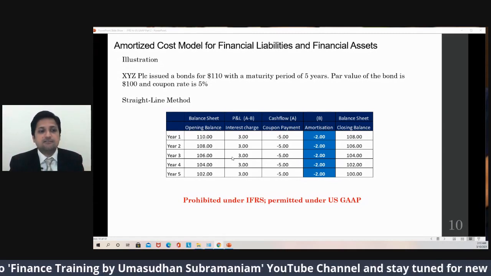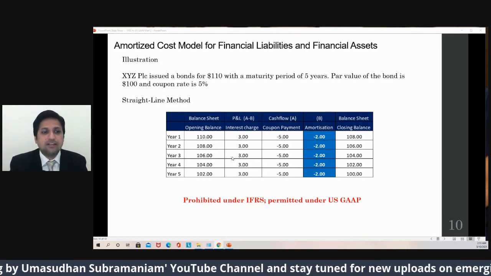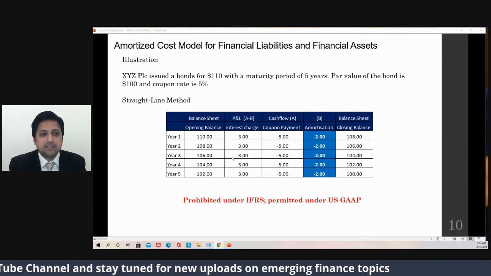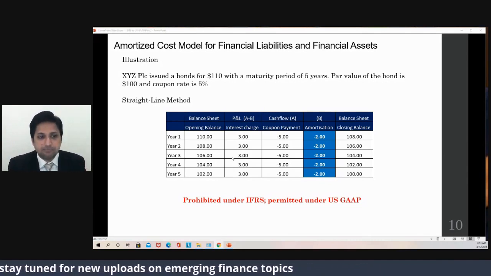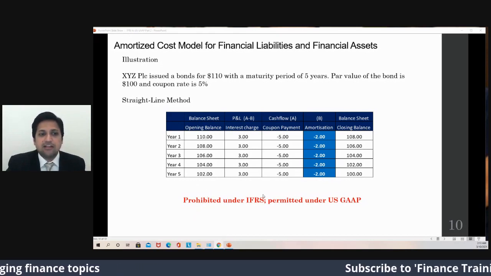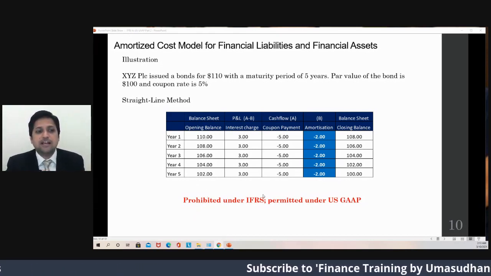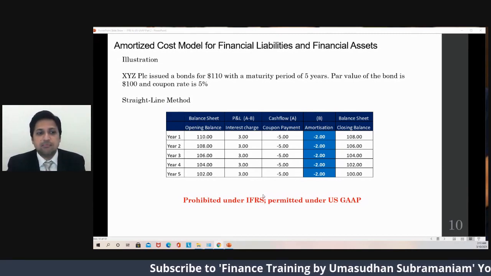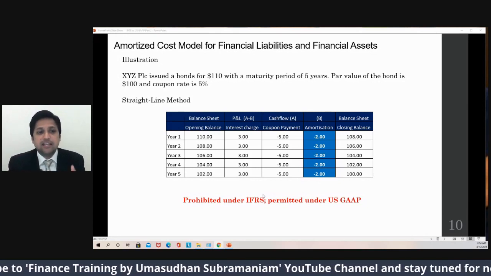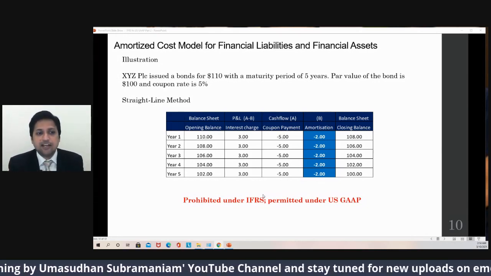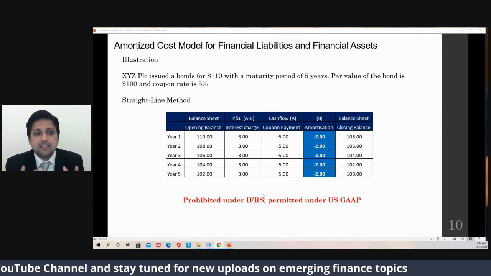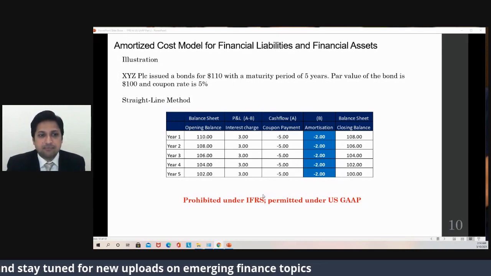The effective interest rate takes into account the compounding effect and is probably the most recommended method from a finance perspective. Remember once again, the straight line method is a big no in IFRS. We cannot use the straight line method to amortize bond premium or discount. But in US GAAP, although they recommend the effective interest rate, they also permit the use of the straight line method.